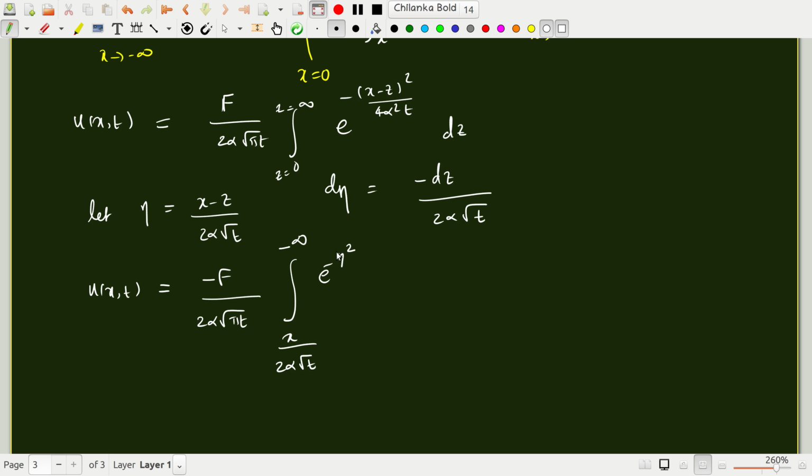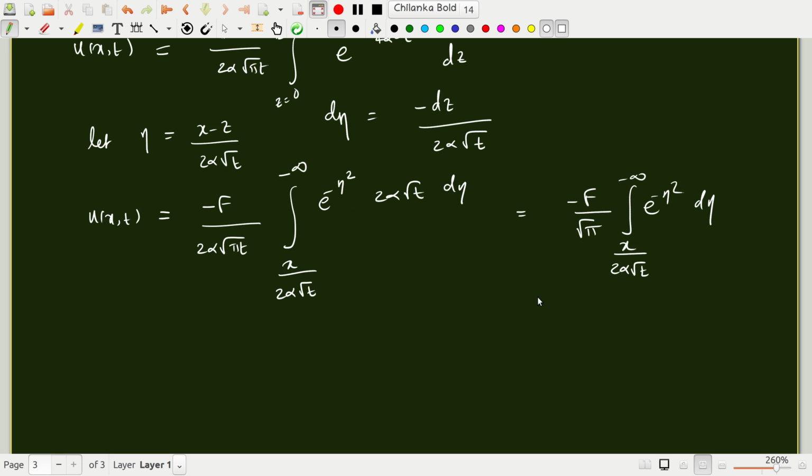So this is nothing but minus F by root pi integral x by 2 alpha square root of t to minus infinity e to the minus eta squared d eta.